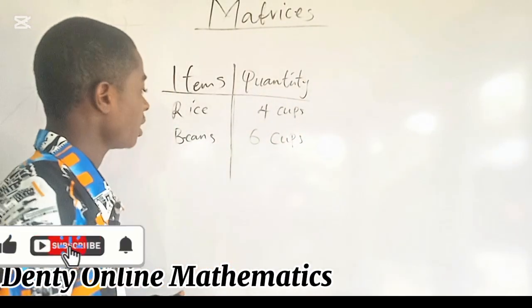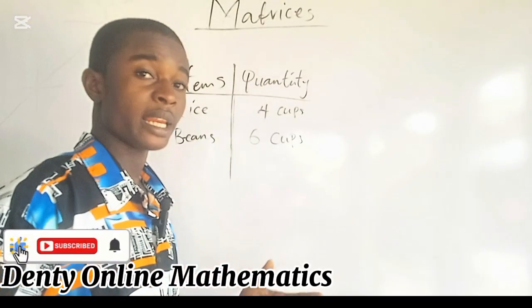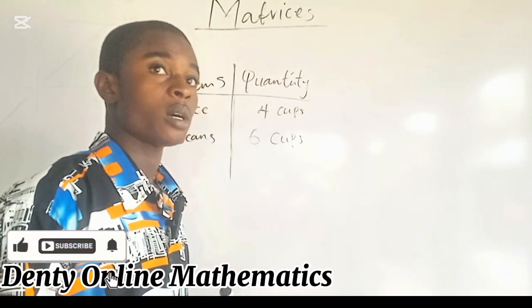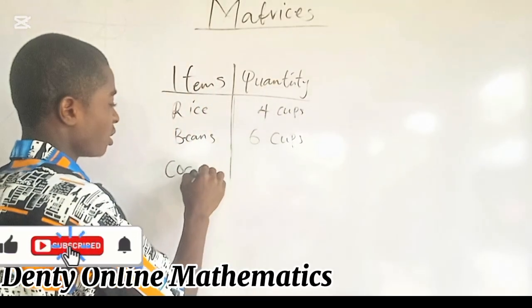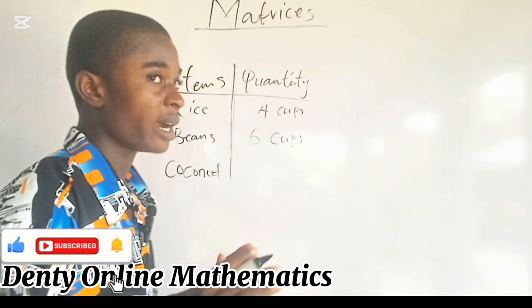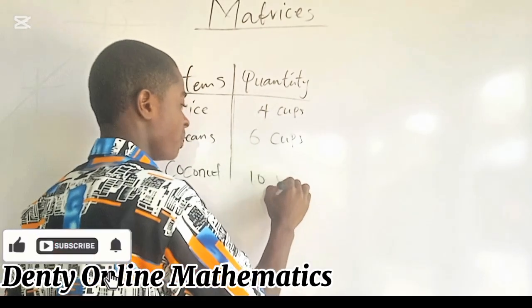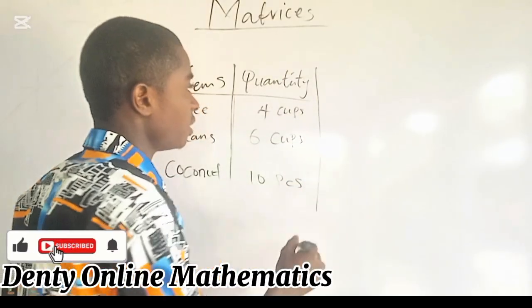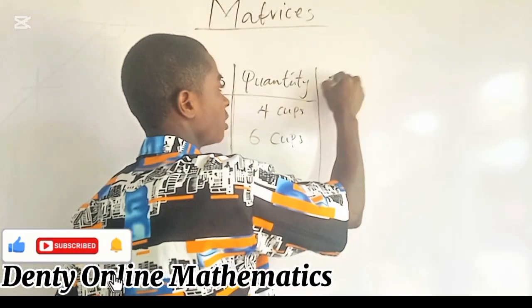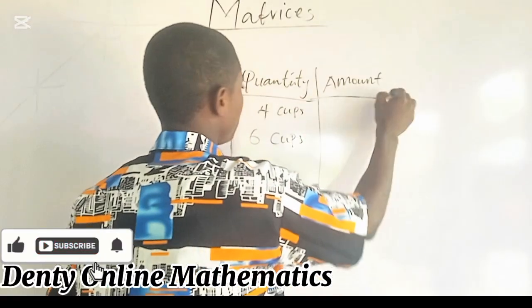At the same time, you're still going to the market to buy, let's say, coconuts, 10 pieces of this.